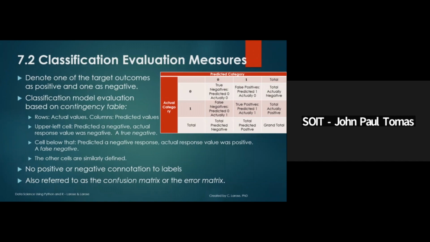There's an actual category and then there's a predictive category, as you can see on the table. Supposing, for example, that we're trying to predict the income of a person, or probably an employee of a certain organization.